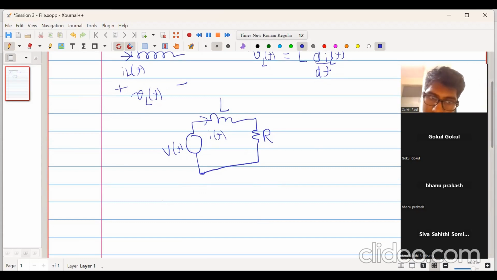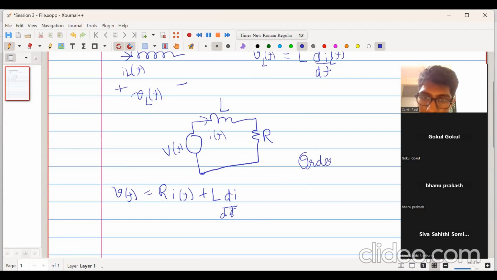Okay, so we get V of t is equal to R into I of t plus L into di by dt. What is the order of the differential equation? First order differential equation.